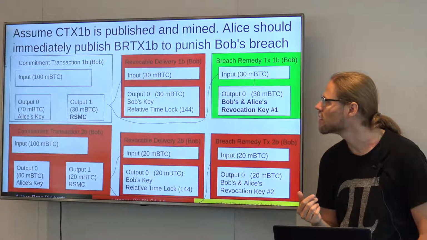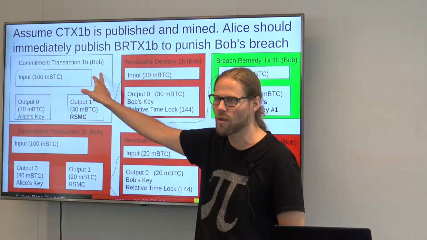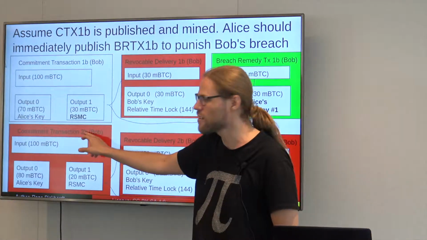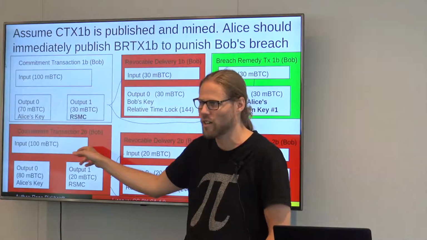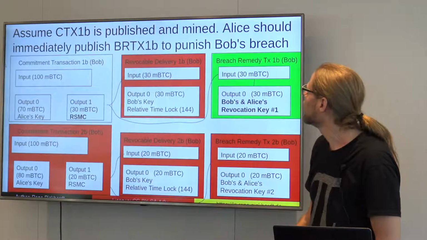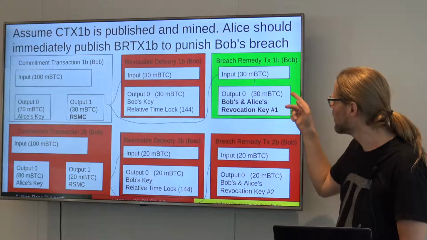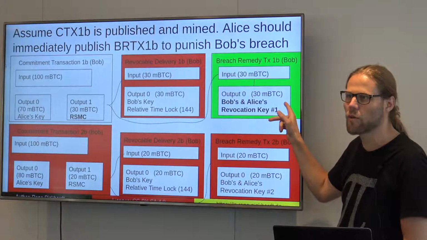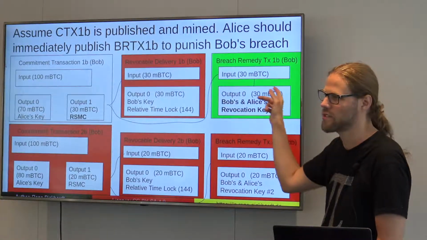So let's just make it explicit. Let's assume that this transaction is being published and mined. Obviously, this one cannot be mined anymore, because it would be double spend of the funding transaction. But since Alice has her revocation keys, she now should really go for the breach remedy condition, and she should try to collect the entire outputs.